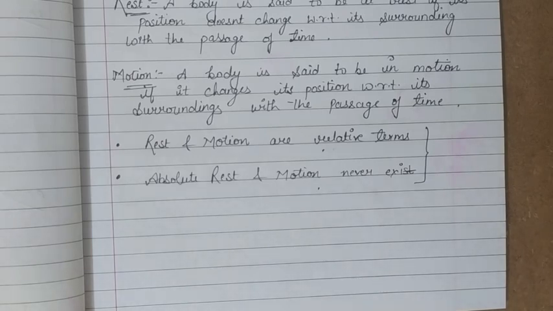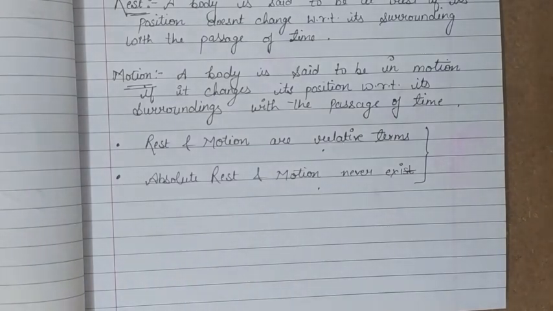So the same person that is at rest with respect to his fellow passenger is in motion with respect to an observer outside the car. That's what we mean when we say that rest and motion are relative terms. An object that is at rest with respect to some observer can be in motion with respect to some other observer.